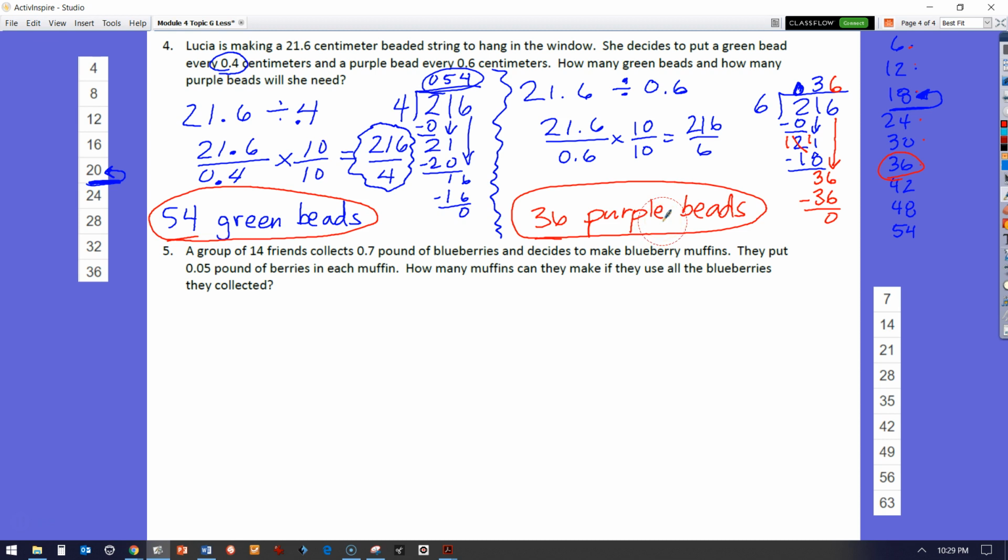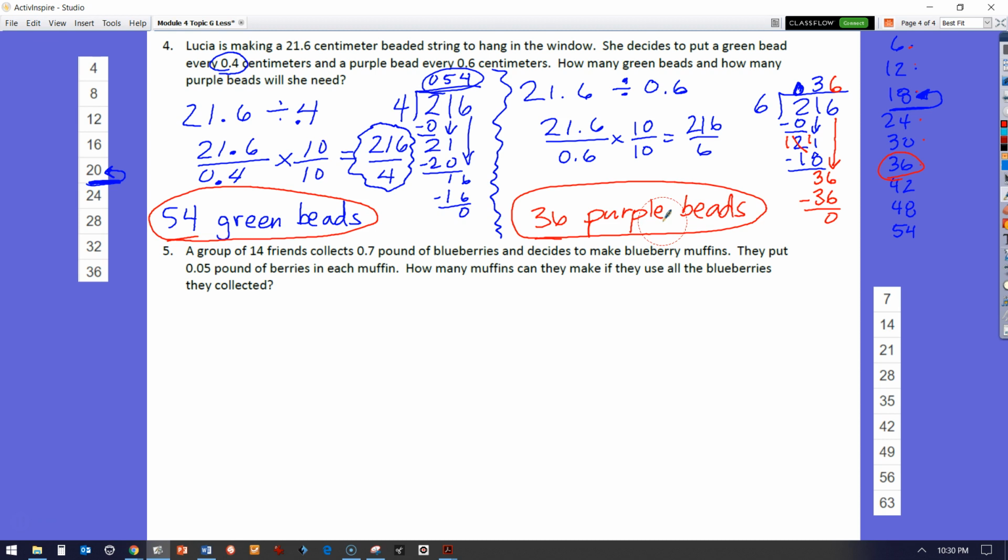Let's take a look at this. Number 5, a group of 14 friends collect 7/10 of a pound of blueberries and decide to make blueberry muffins. They put 5/100ths of a pound of blueberries in each muffin. How many muffins can they make if they use all the blueberries they collected? So they collected 7/10.